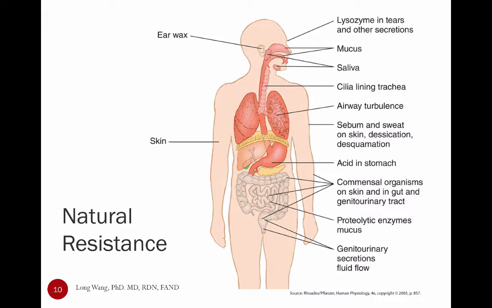And then also in our airway, we have the cilia lining the trachea. Basically, we have tiny hair-like structures. They all move upwards. So if any object by accident falls into the airway, a cough reflex would push it out.